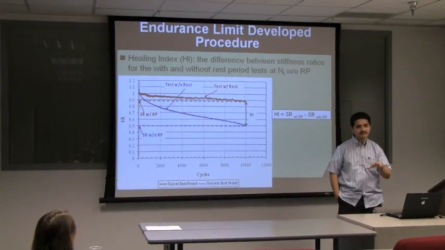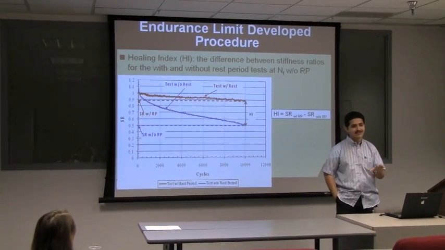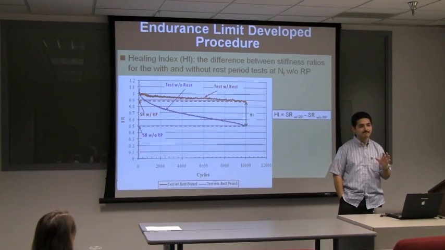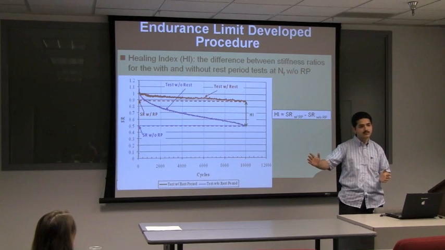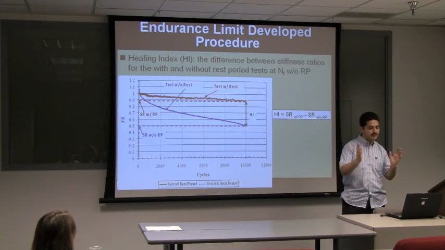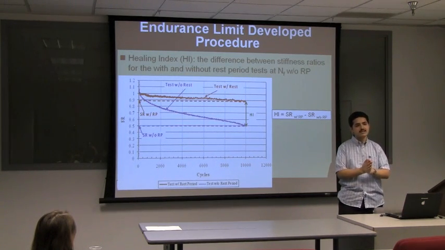So now, going to the meat of the presentation: what is the procedure, how to get the endurance limit. So far, what I showed, I'm not saying I'm the only one doing this, but researchers tackled 1 out of 2 subjects.